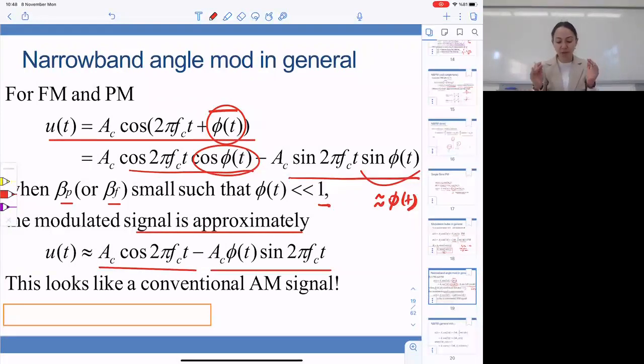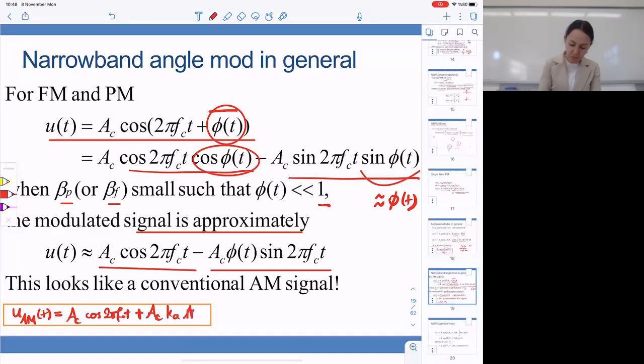So this is a conventional AM signal, except let's remember the conventional AM: u_AM(t) is A_c cosine 2 pi f_c t plus A_c k_a m(t) cosine 2 pi f_c t.